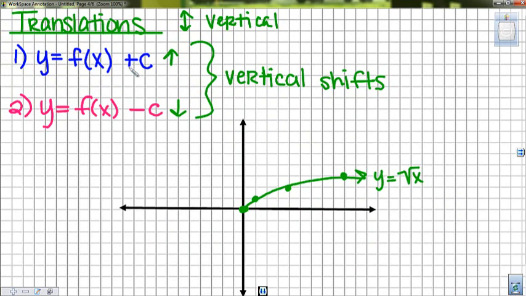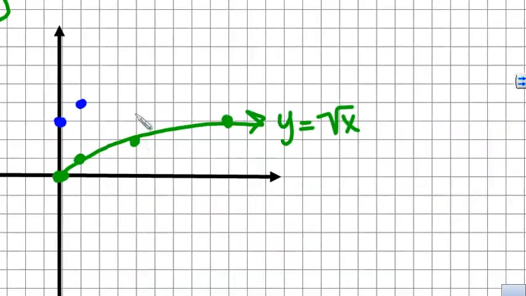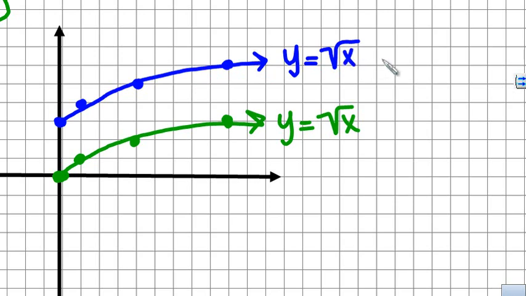Okay, so this first one, let's plug in a constant. Let's just use 3. It's going to slide or shift each of the points of your graph up 3 units. Okay, so here would be y equals square root of x plus 3. Notice the plus 3 is not under the radical sign.